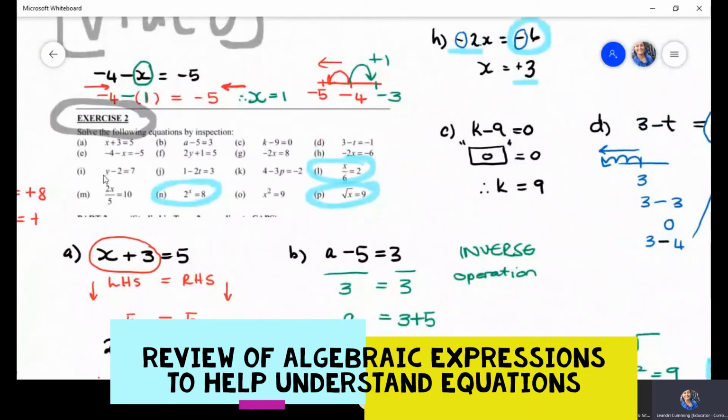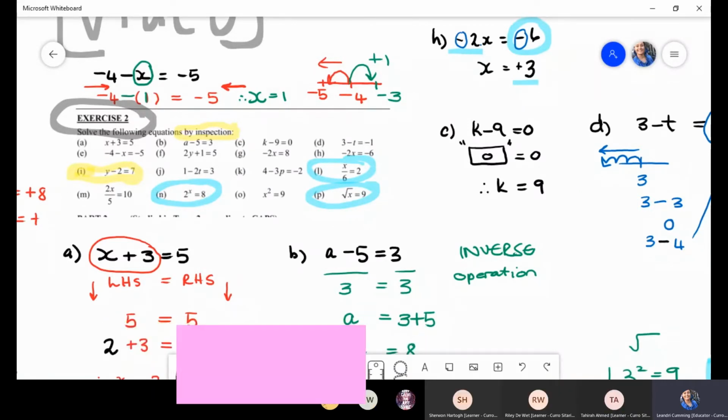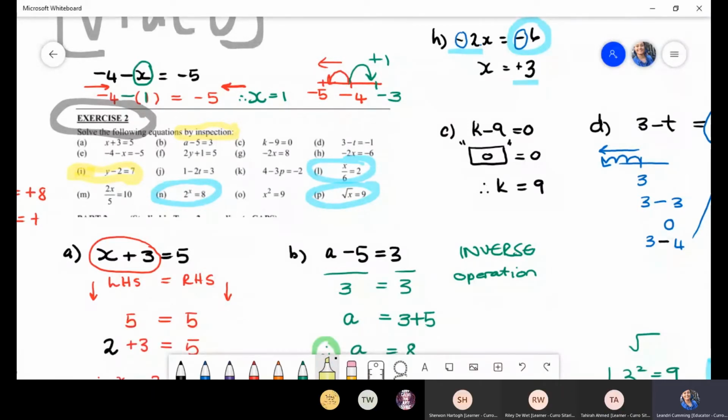So let me just use y, because I did not discuss y here on the board. Then I ask myself, y take away 2 should give me 7. Because this is by inspection, we don't have to calculate as such, but we can consider a value, subtract 2, and the result is 7.